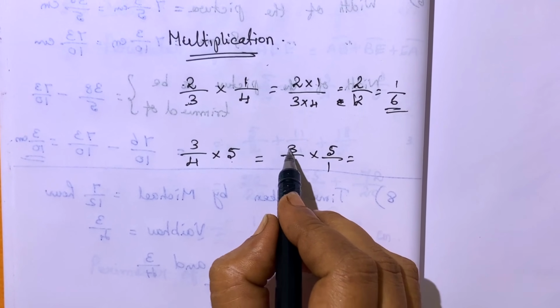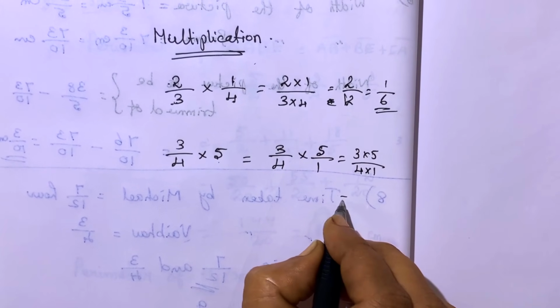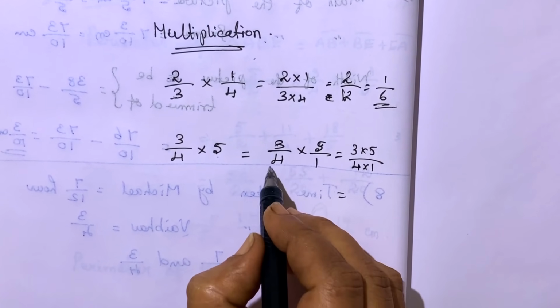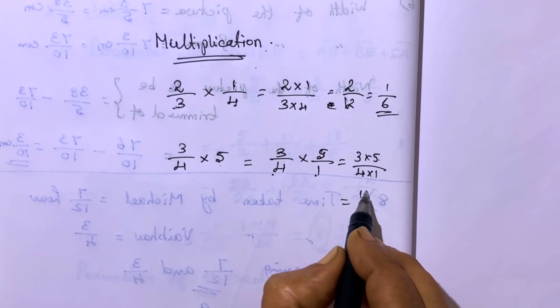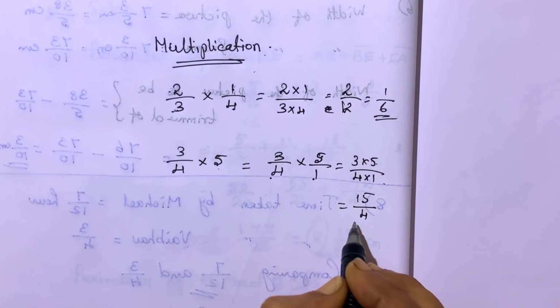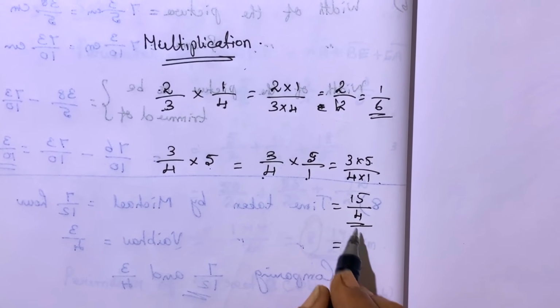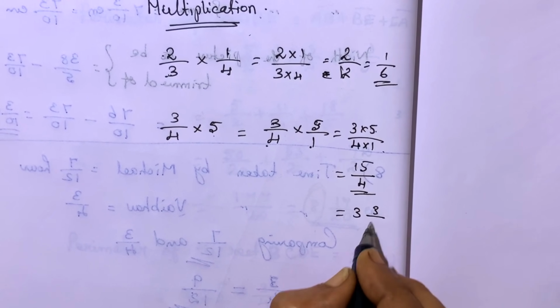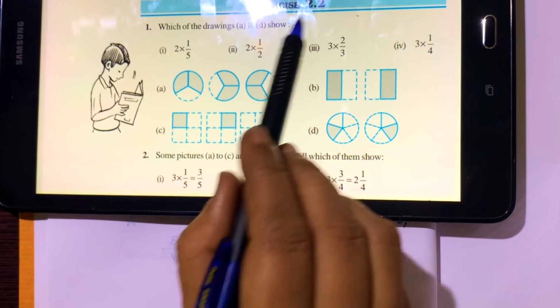So here also 3 into 5 by 4 into 1. That is numerator multiplied by numerator, denominator multiplied by denominator. So 3 5s are 15 by 4 1s are 4. So you can convert this as a mixed fraction, 3 3 by 4.